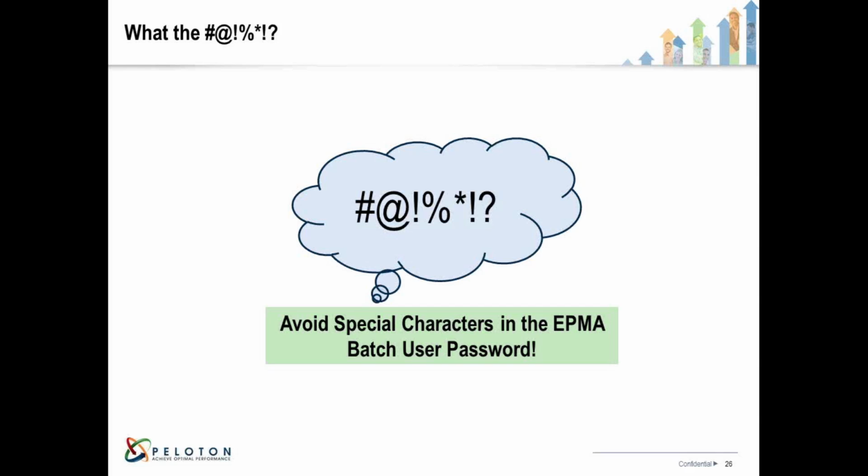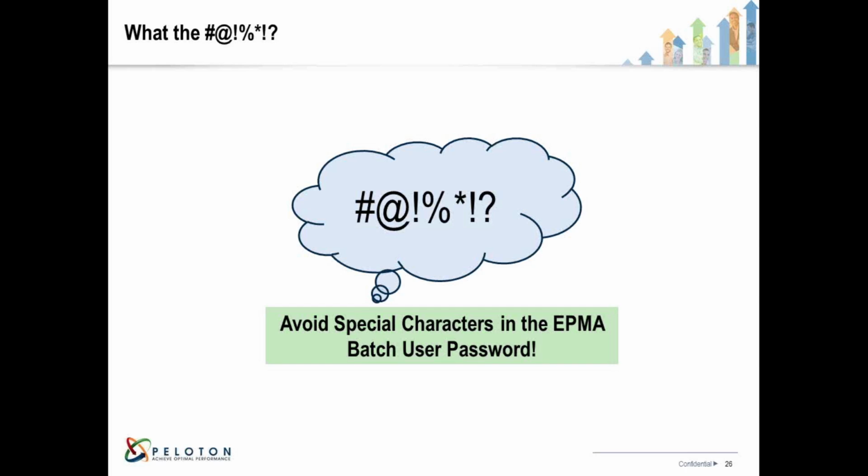So many of you might have Active Directory systems where you restrict passwords and you make sure that they're secure passwords with a letter, number, and special character. If the batch user has a special character in its password, it'll give you errors when trying to connect and run your batch processes, and it'll give you some connection error that won't be specific to why it's failing.